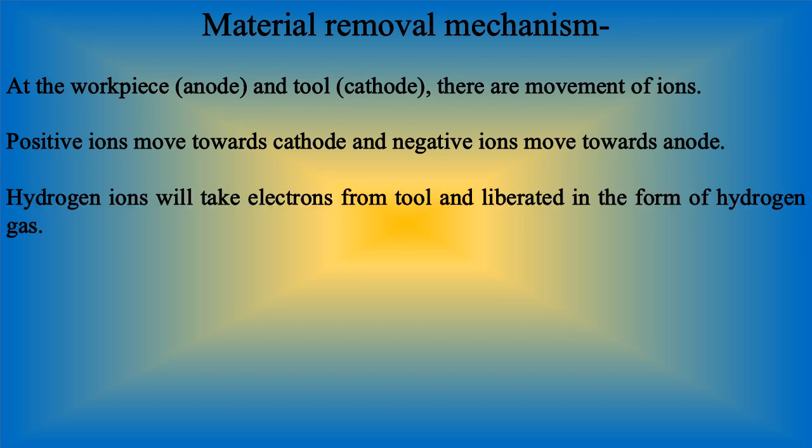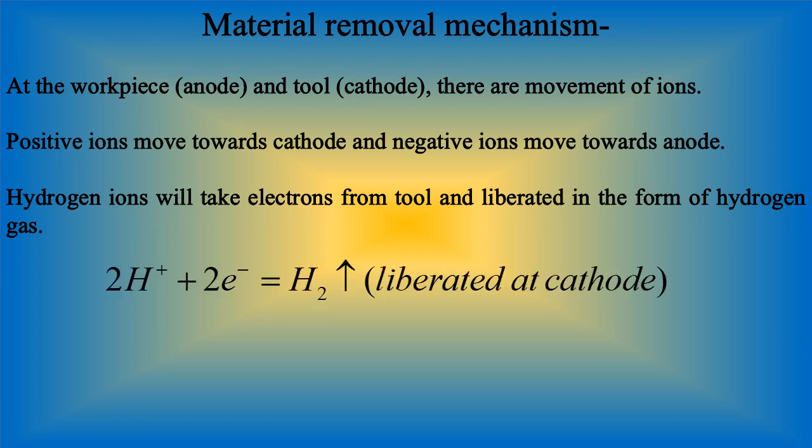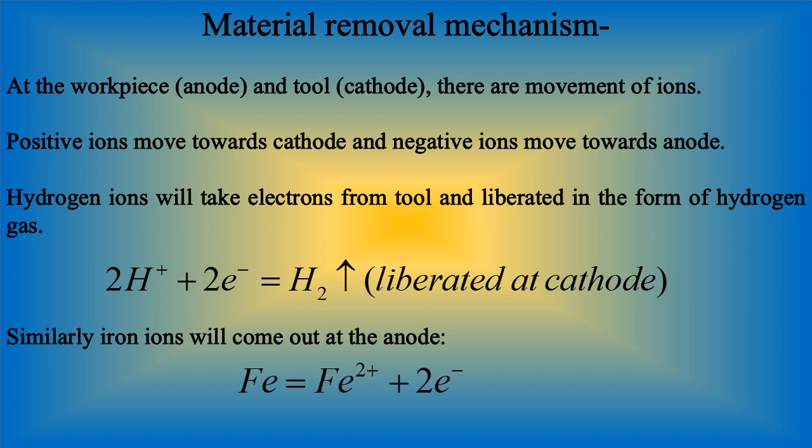Hydrogen ions, which we got from the dissociation of H2O, will take electrons from the tool because the tool is connected to the negative terminal, and after getting electrons, these hydrogen ions will be liberated in the form of hydrogen gas. So hydrogen gas is liberated at the cathode. Similarly, what will be happening at the anode? These iron ions will liberate two electrons.